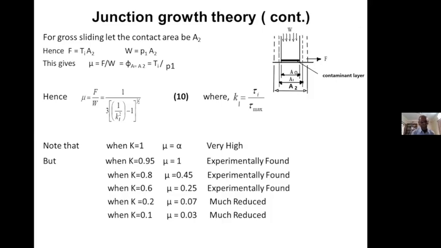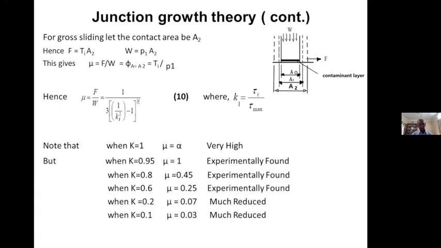And when K is 0.1, which is very small, mu will be 0.03, which is very, very low. So that means if you have a contaminant layer which is very soft, then your coefficient of friction will be low, which we know. And that's very clear even from the junction growth theory.